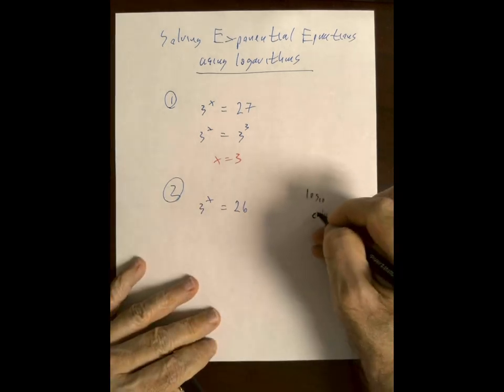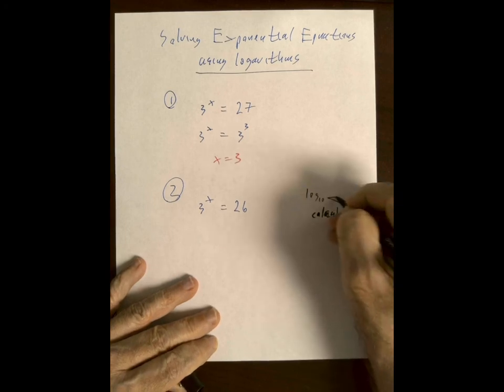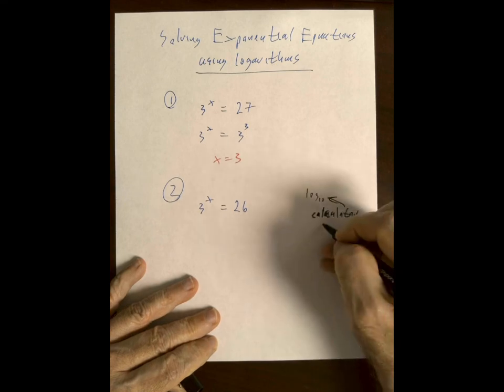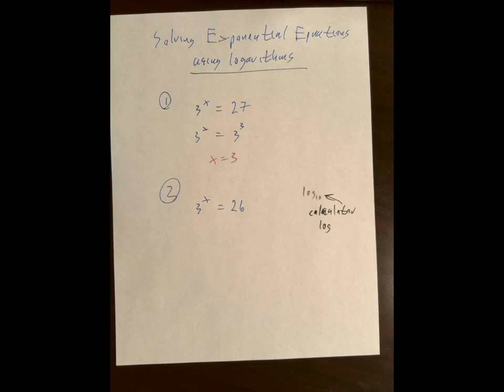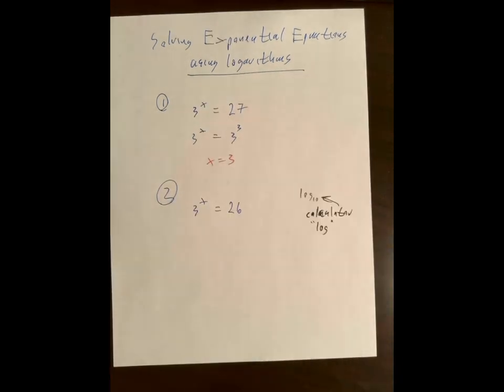There's the log key on our calculator that we can find this. Now, you may know that commonly we'll just write that as log. So if you see a log term without a base, we just assume that that's log base 10. So here's what I'm going to do. I'm going to use an algebra move.